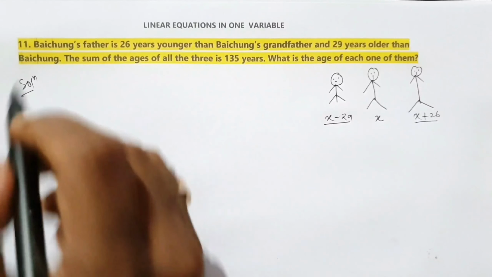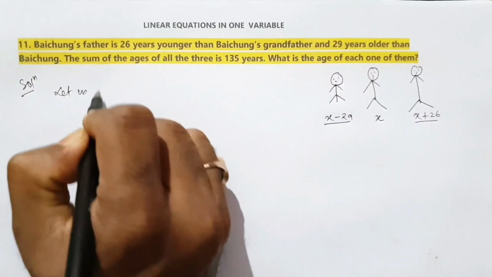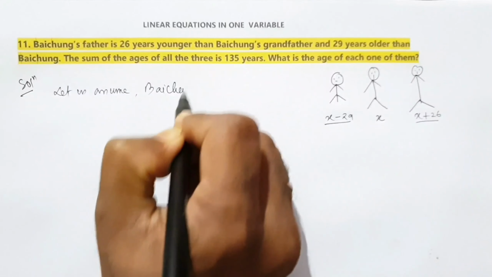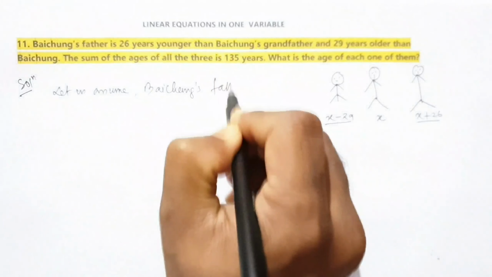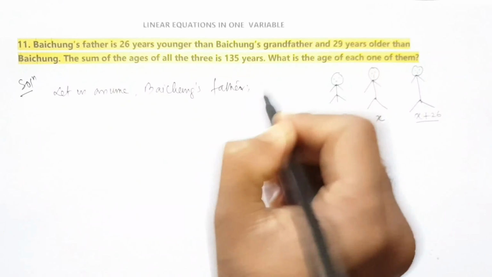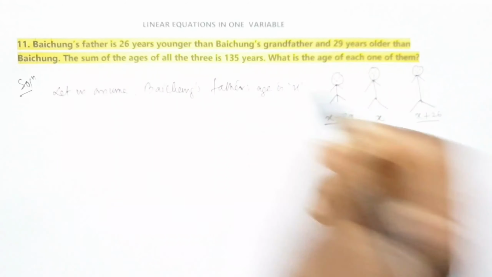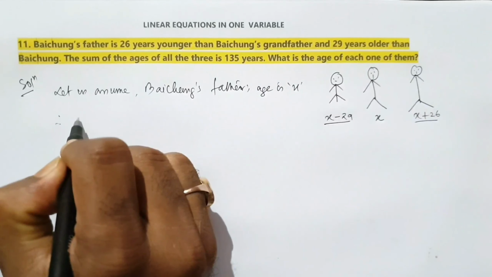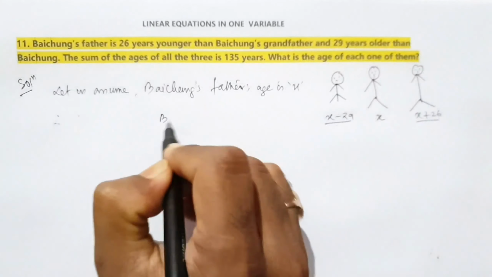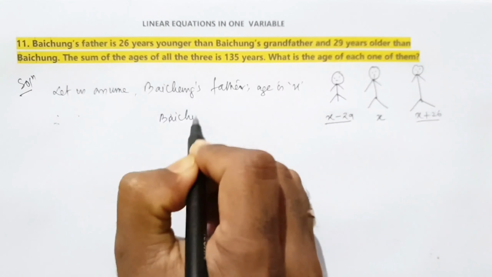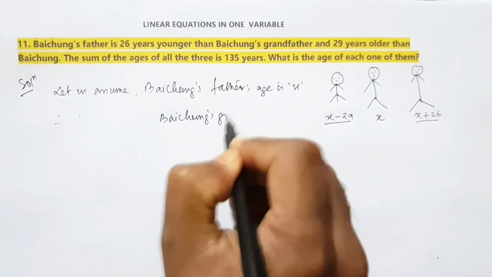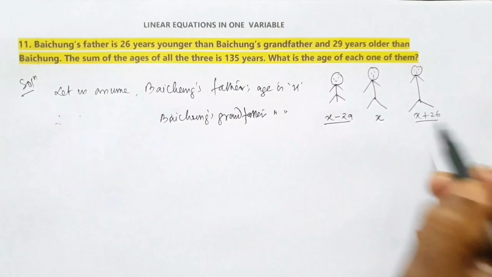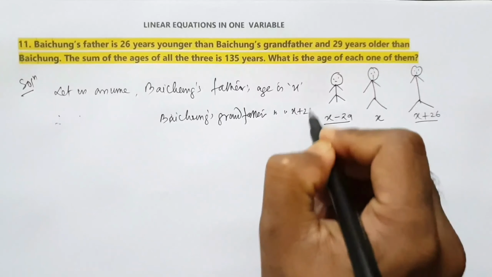Let's go for the solution. So let us assume Baichung's father's age is X. So Baichung's father's age is X. Therefore, Baichung's grandfather, his age will be, we can see, X plus 26.